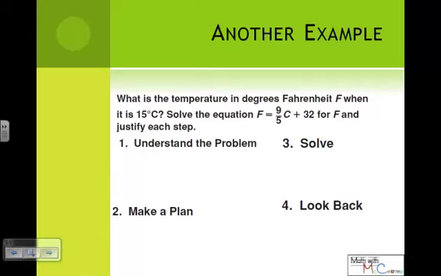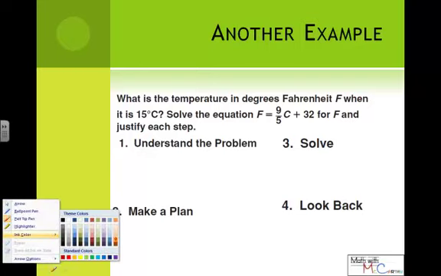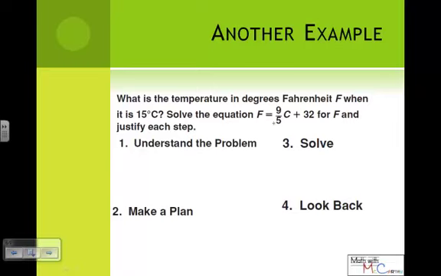So here we're going to apply it to a real life problem. It says, what's the temperature in degrees Fahrenheit F when it is 15 degrees Celsius? We have to solve the equation for F and then justify each step. So we need to make sure we understand the problem. We want to find the Fahrenheit if the Celsius temperature is 15 degrees.